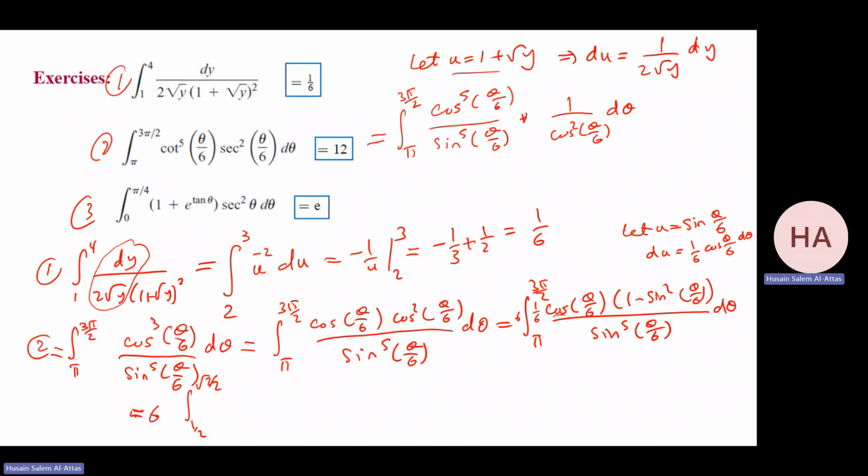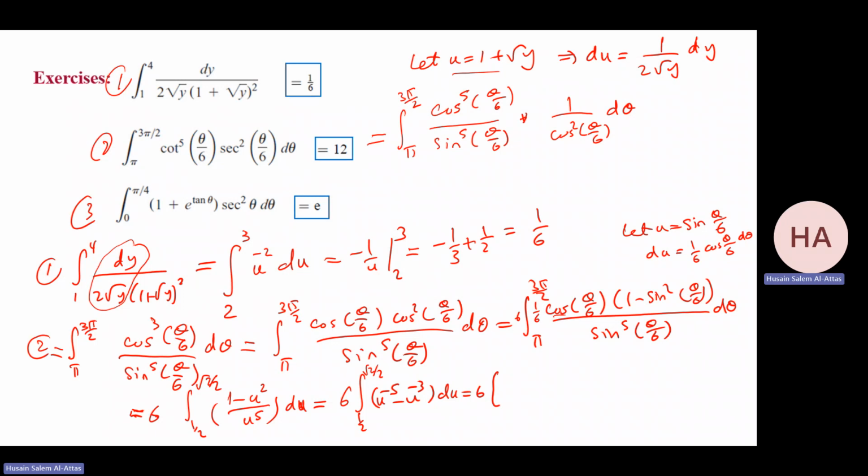Okay, what is this? I have (1 minus u squared) over u to the power 5 du. Now that makes it very easy. So that gives me 6, u to the minus 5. Let me do it with the integral, from half to square root 2 over 2, of u to the power minus 5 minus u to the power minus 3 du.